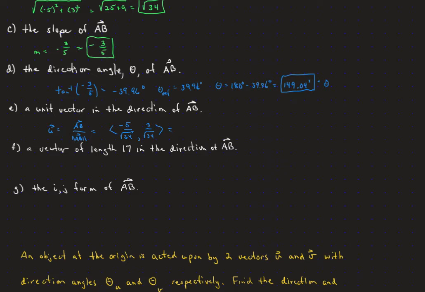So we're going to call that finally negative 5 square root of 34 over 34, comma, 3 square root of 34 over 34 is our unit vector, and that's a vector of length 1 in the direction of vector AB.